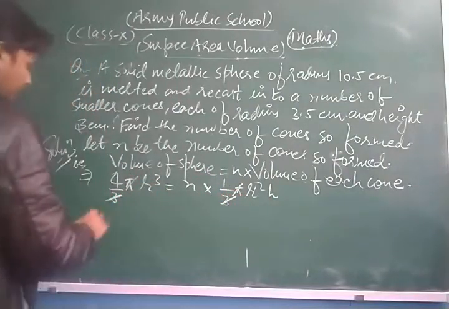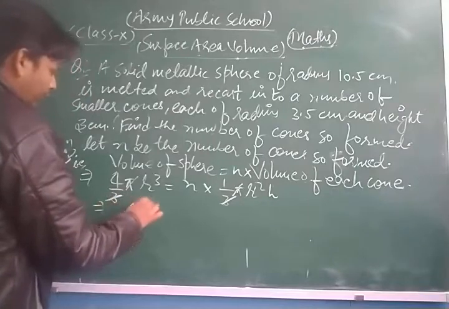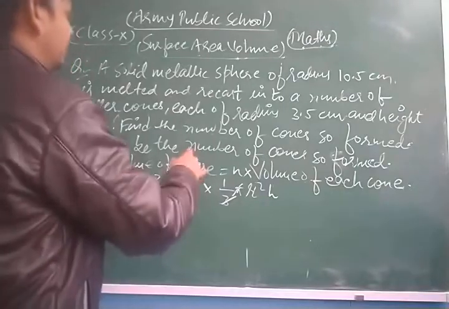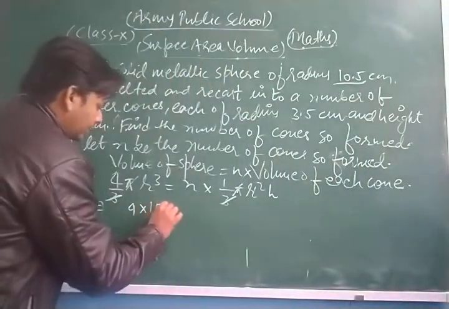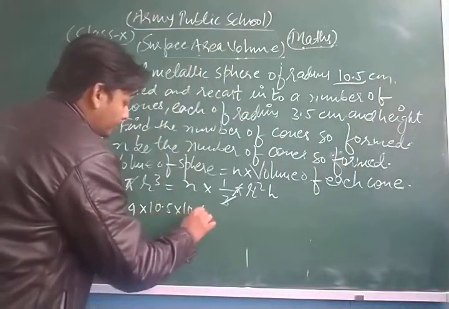Now we put all these values, that is 4 into r cube. r is the radius of the sphere, which is 10.5 centimeter. So here we get 10.5 into 10.5 into 10.5.